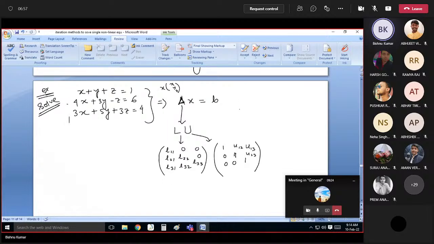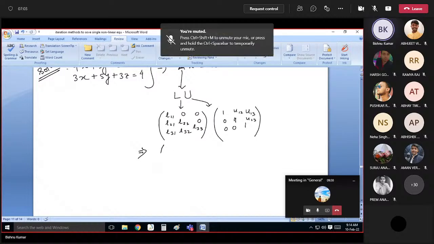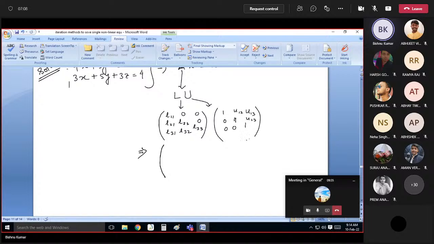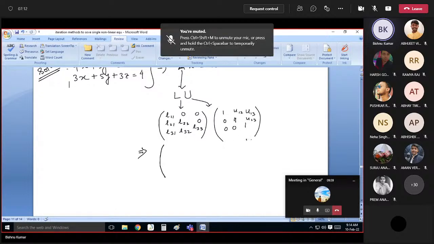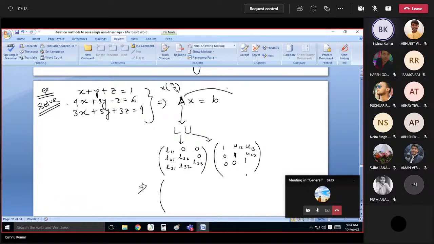If I multiply these two matrices, what will it build? It will build the original matrix A. What is A here?